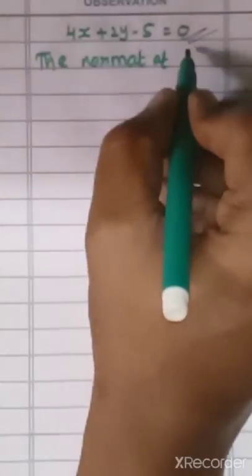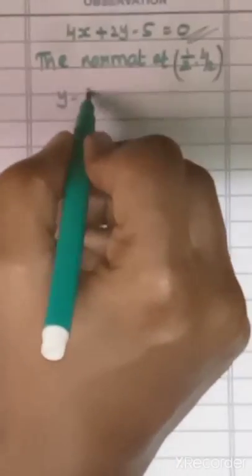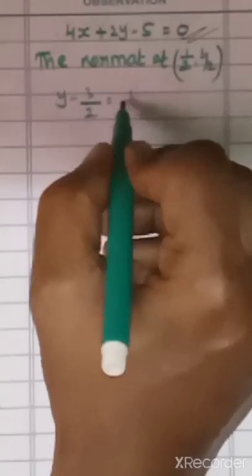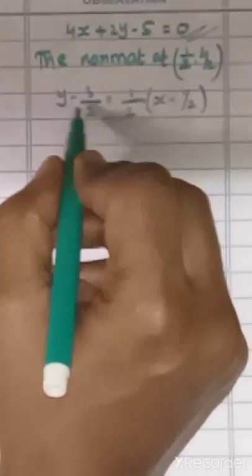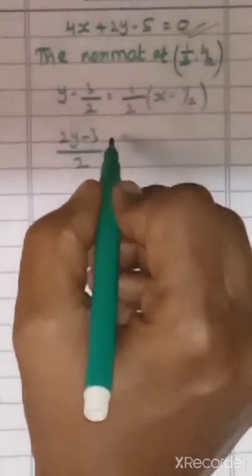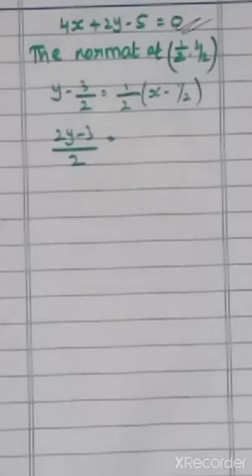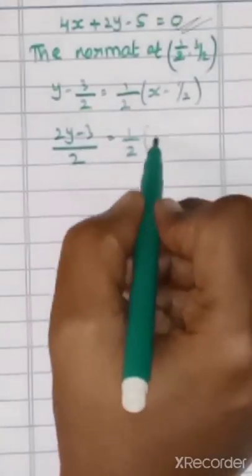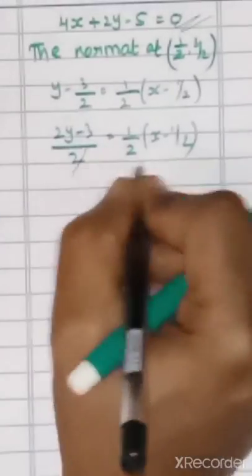So next we have to find the normal. So the normal at 1 by 2 comma 3 by 2. What is the formula? Y minus y1 equals minus 1 by m of x minus x1. And again, same simplification, if you do, you will get 2y minus 3 by 2 equals 1 by 2 of x minus half. So we can cancel this 2 and 2.